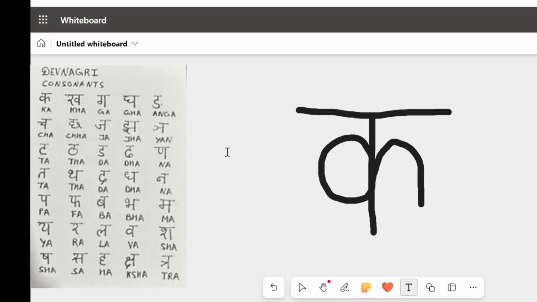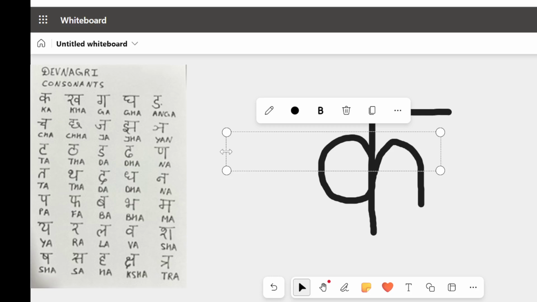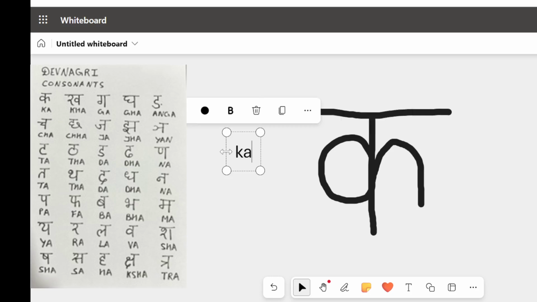Notice that on the chart it is written as KA. This A sound that you see here is not an open mouth sound like ah. So we don't pronounce this letter as ka, but the correct pronunciation is k. More like a closed mouth A sound.